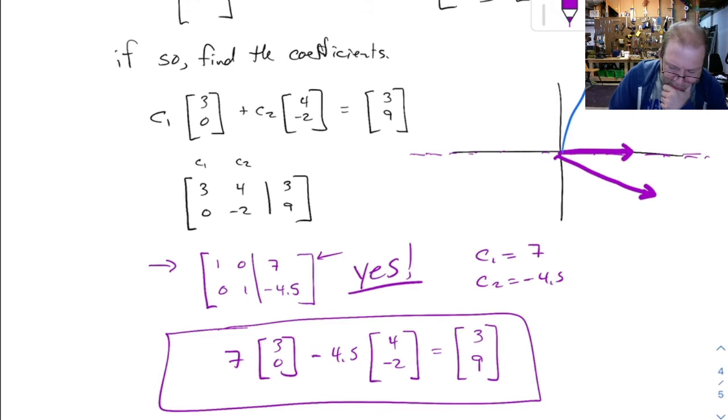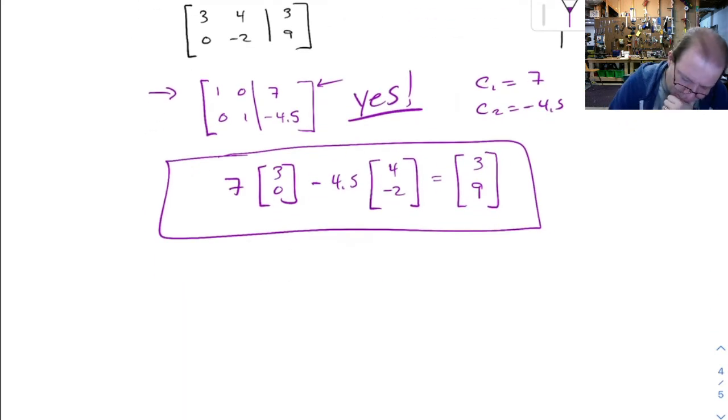All right, let's do another one. I'll do this one in three-dimensional space.